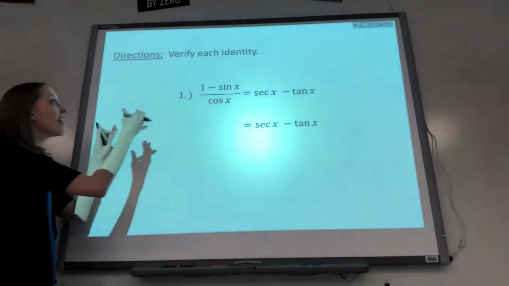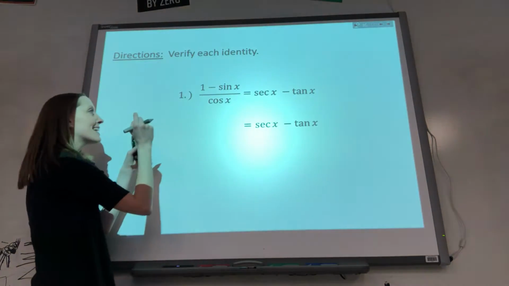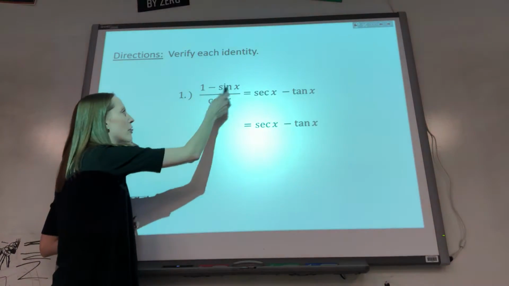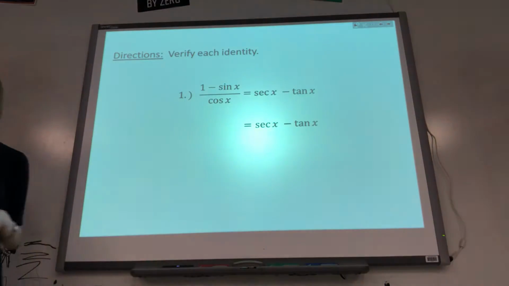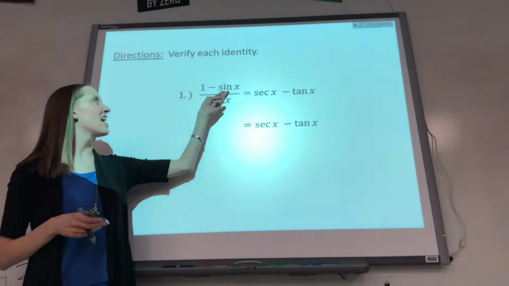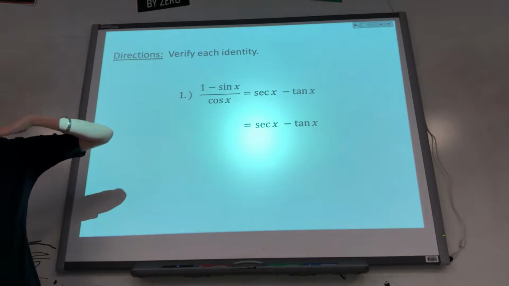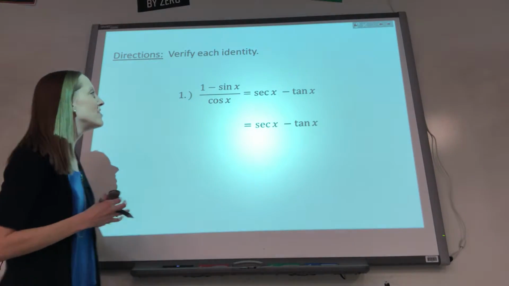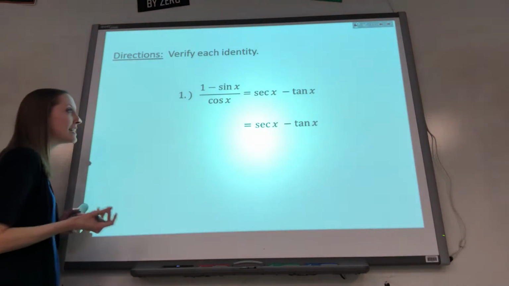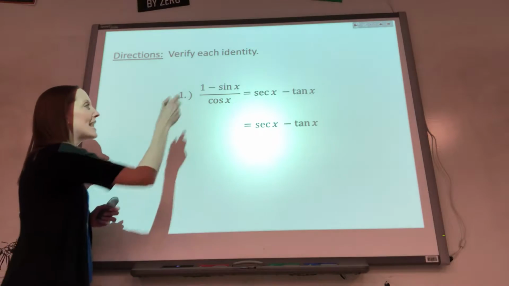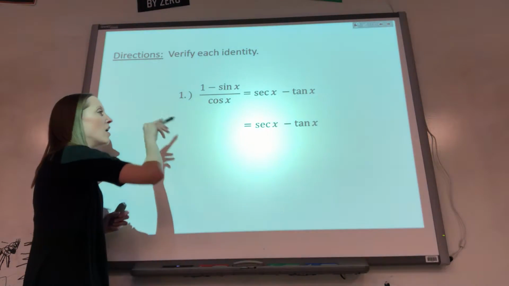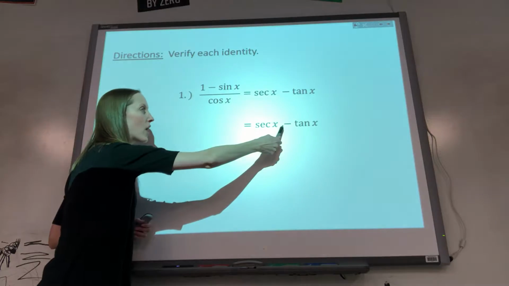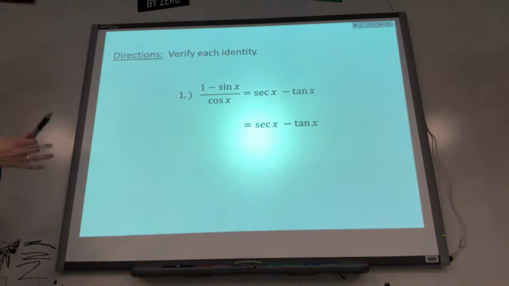Now when I look at the left side, I kind of started to think about a Pythagorean identity on top, but this is not sine squared, it's just sine, which means I can't do a Pythagorean identity. Now I do notice that what I'm going for is not a fraction.